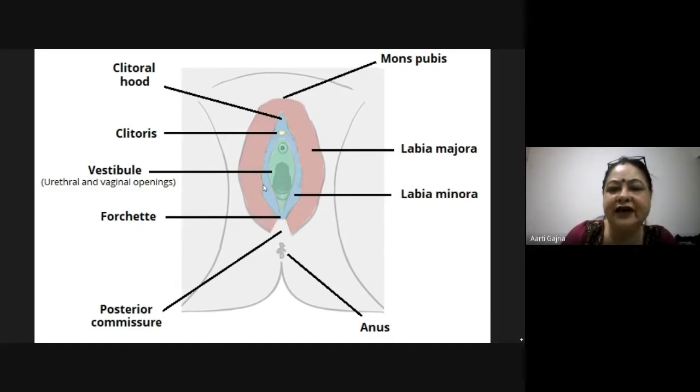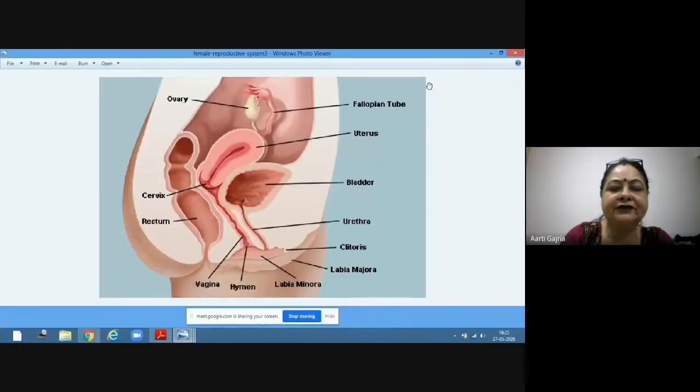Two openings are present here. This is the clitoris. And this vaginal opening is partially covered by a membranous structure, which is the hymen. And this is the anus. Anus is the opening of the rectum. So I think the structure is clear now.